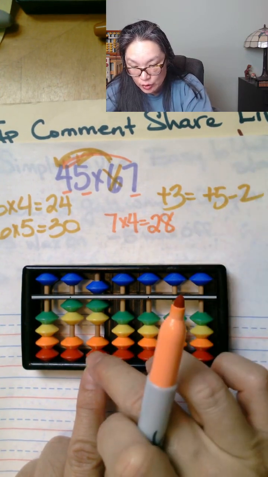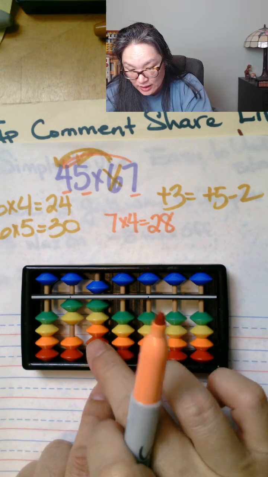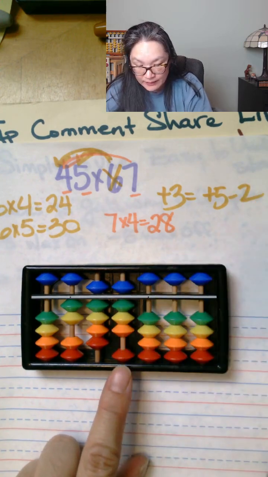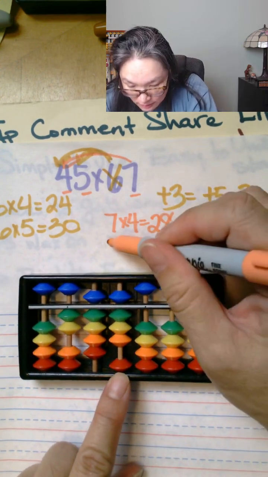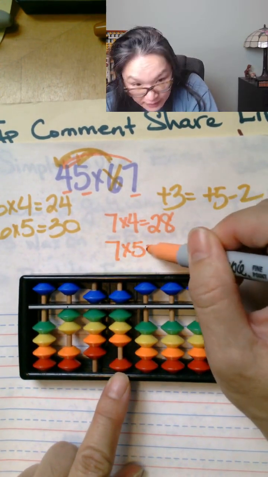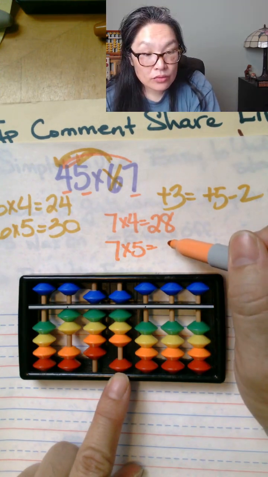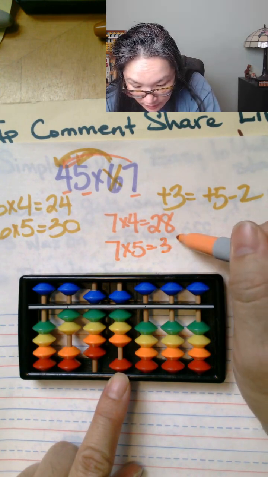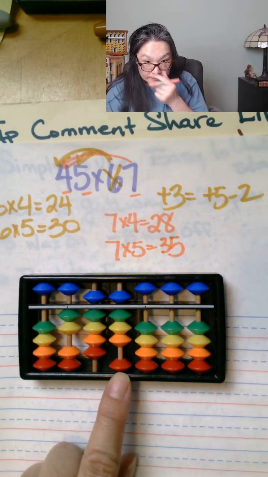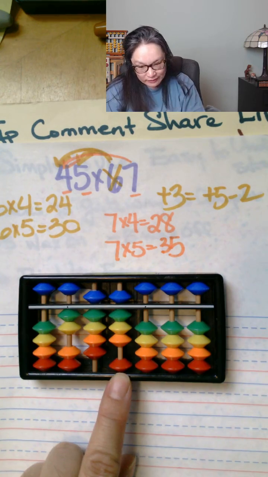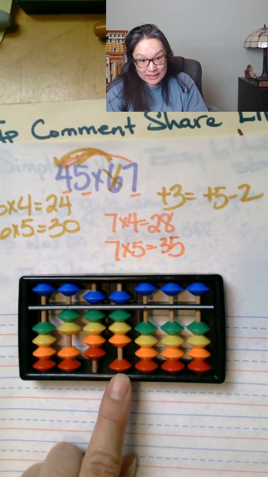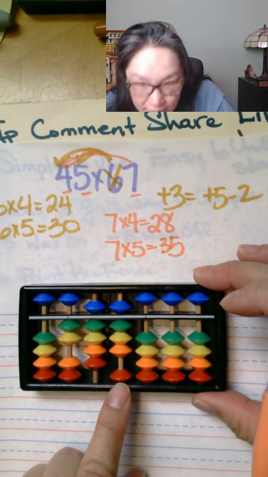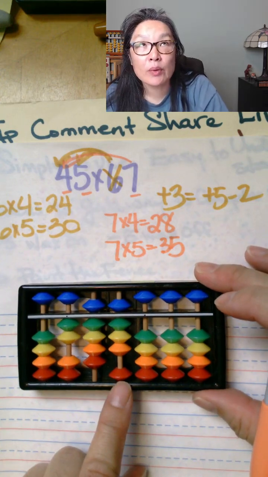So we have 2, we add our 20, and then over here we're going to add our 8. And then 7 times 5 is equal to 35. Okay, this is going to be a little much. Why? Because I already foresee that we have a two-step equation.